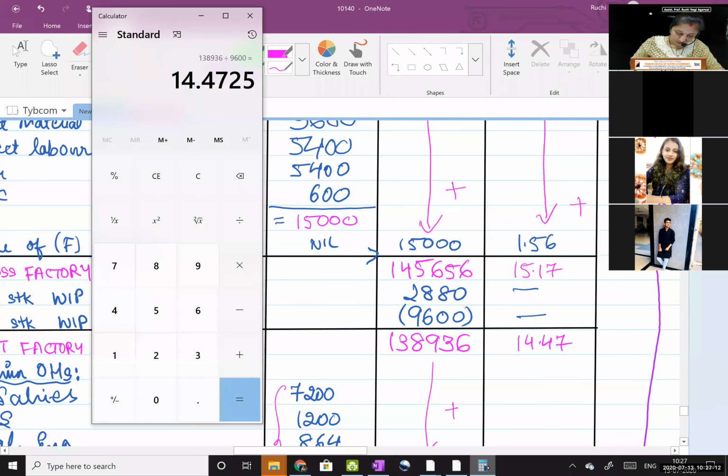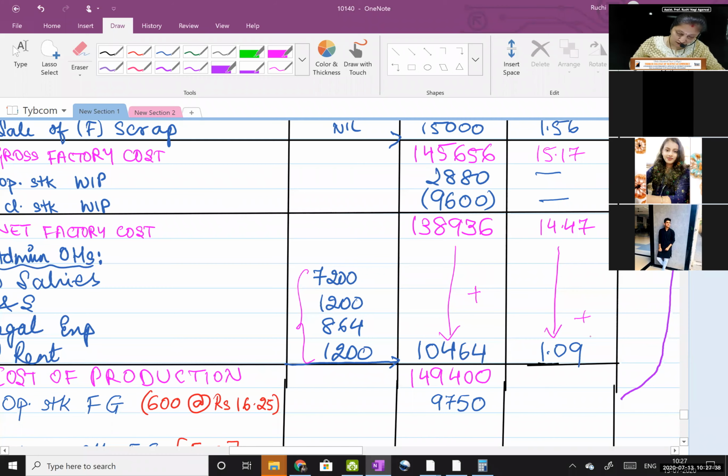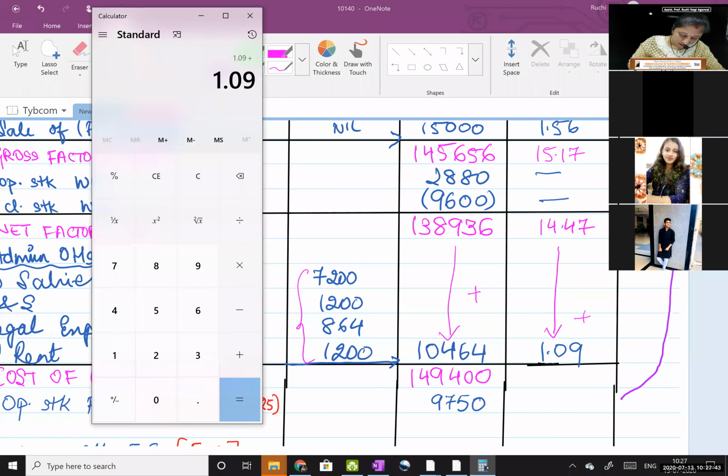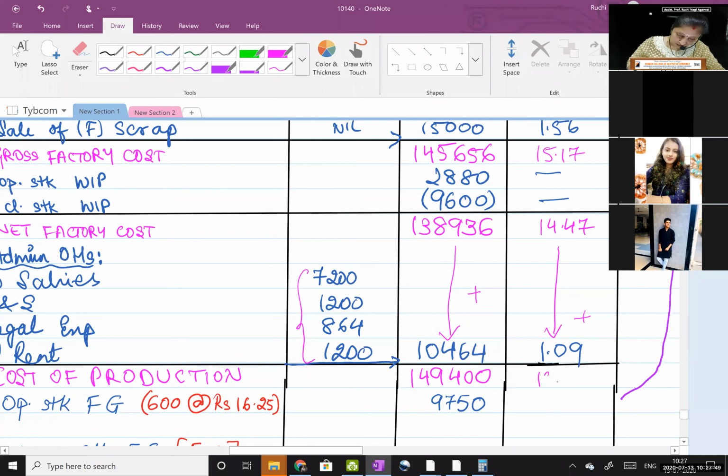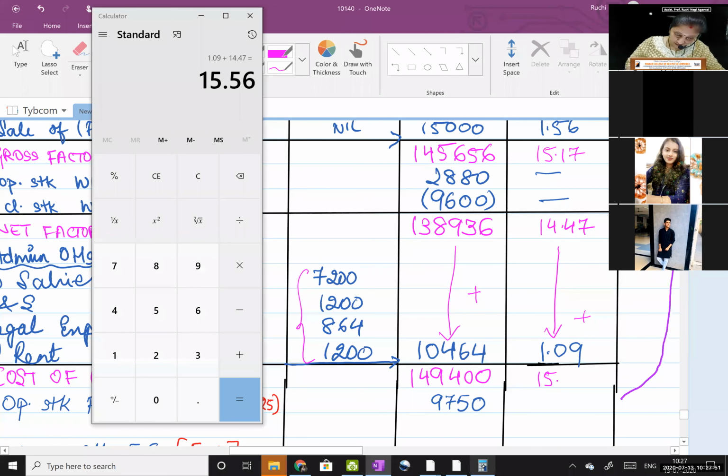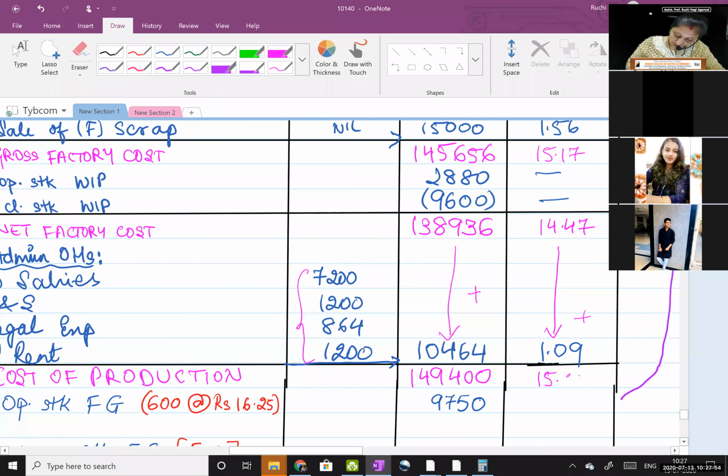Next, admin overheads, 10,464 total. 10,464 divided by units produced, 9,600, is 1.09. Then you can total this, or you can divide, both ways you'll get the right answer. 1.09 plus 14.47 is 15.56.